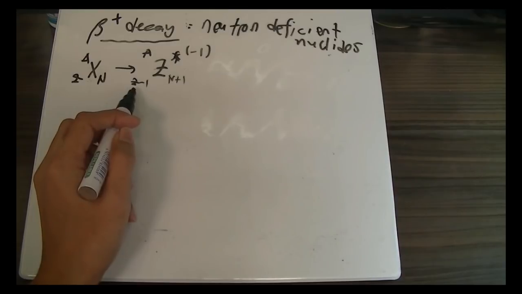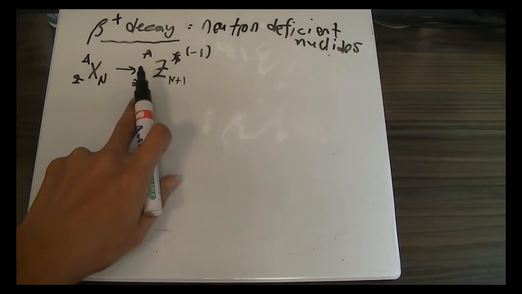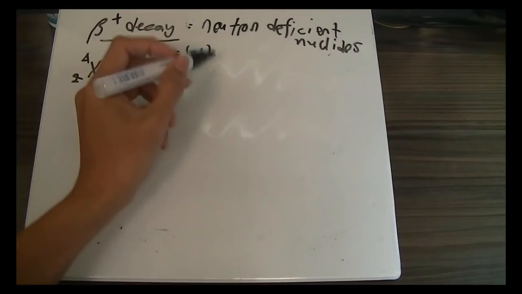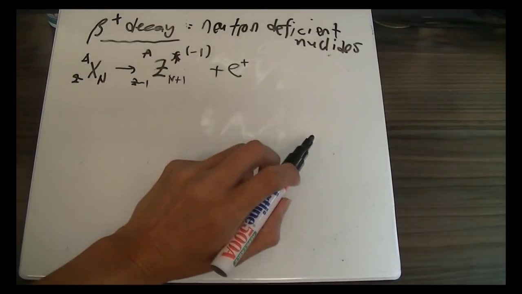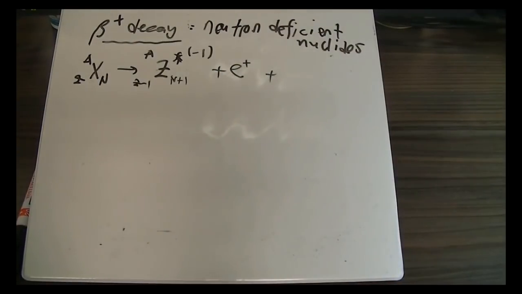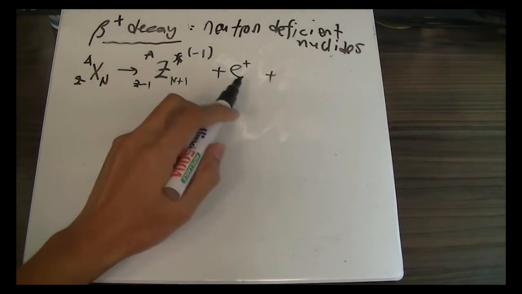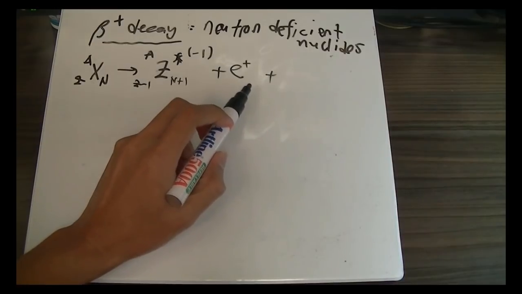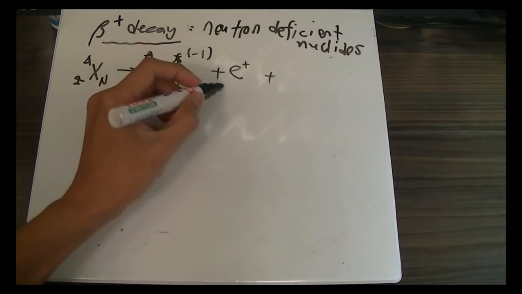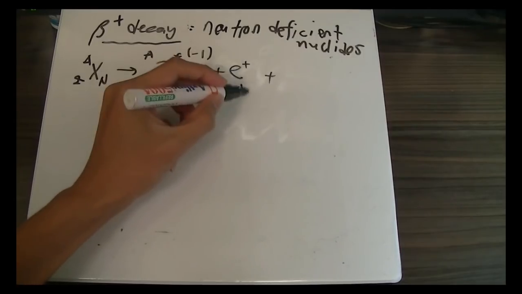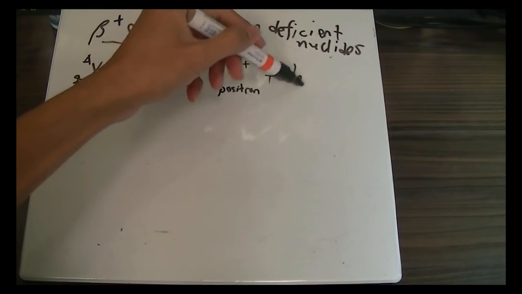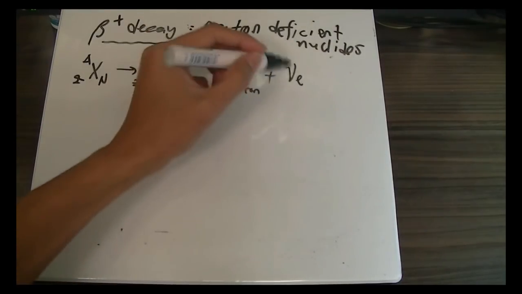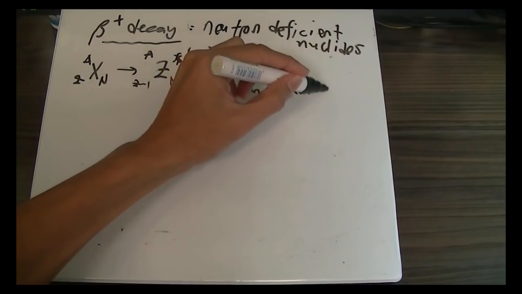When the beta plus decay occurs, it will release 1 positively charged electron. So during the beta plus decay, a positively charged electron, or positron, and a neutrino are released. This is the neutrino.